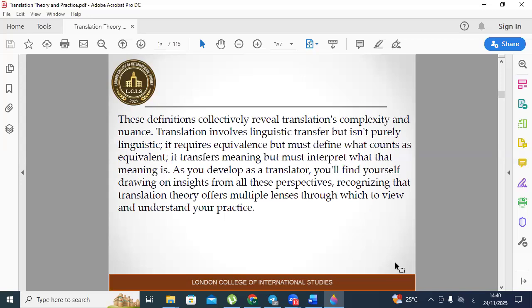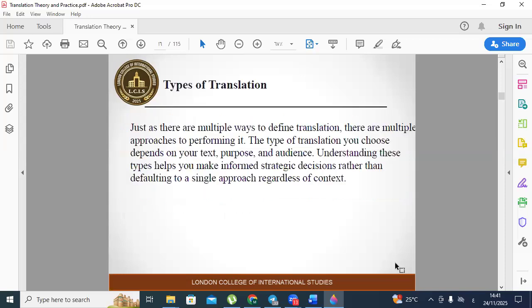Translation involves linguistic transfer, but isn't purely linguistic. It requires equivalence, but must define what counts as equivalent. It transfers meaning, but must interpret what that meaning is. As you develop as a translator, you'll find yourself drawing on insight from all these perspectives, recognizing that translation theory offers multiple lenses through which to view and understand your practice.